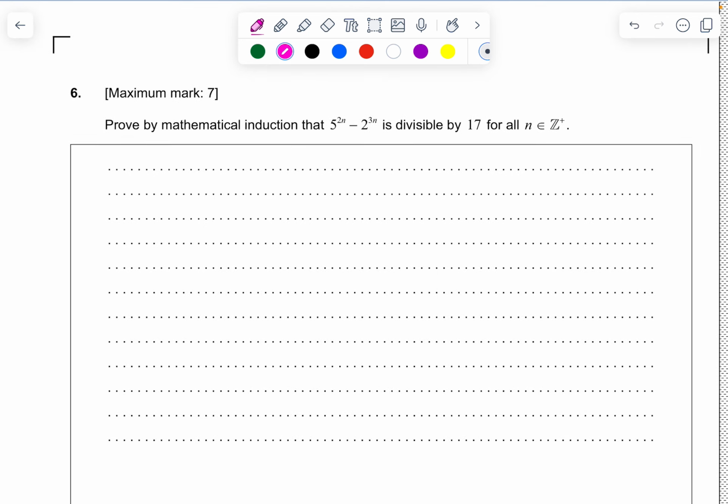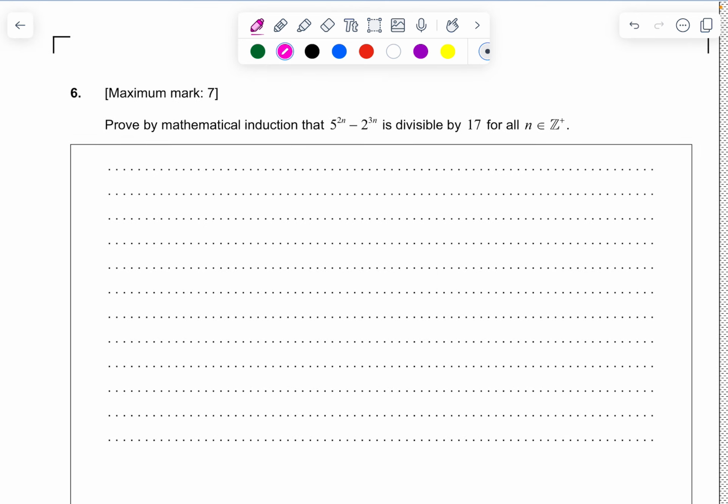So let Sn be: 5 power 2n minus 2 power 3n is divisible by 17. For n equals 1, 5 power 2 minus 2 power 3 is 25 minus 8, which is 17. So yes, therefore Sn is true for n equals 1.